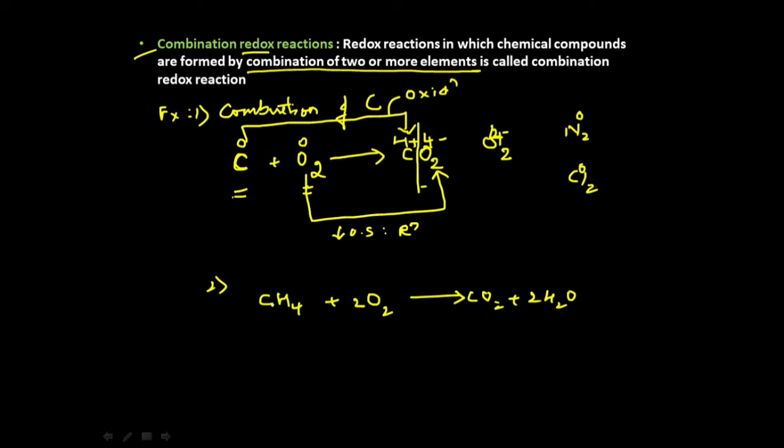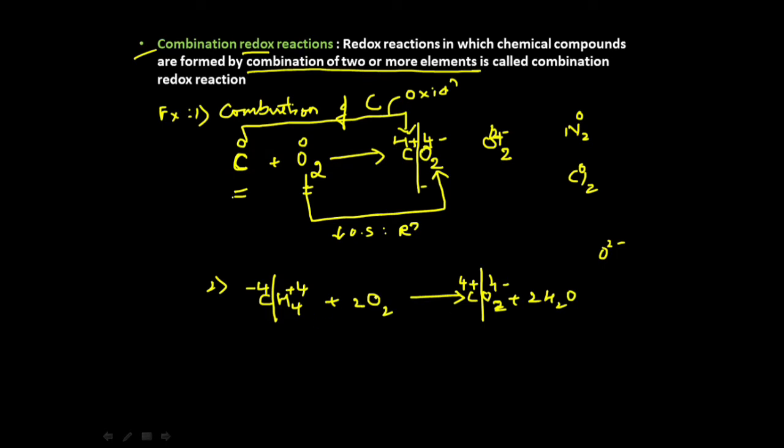What is the oxidation state of carbon here? Hydrogen will most of the time possess plus 1 oxidation state. Here there are 4 H, so plus 4 oxidation state. In order to neutralize, carbon will possess minus 4. In carbon dioxide, one oxygen will possess 2 minus, 2 oxygens will possess 4 minus, and in order to neutralize that I have to put plus 4 on the carbon atom.